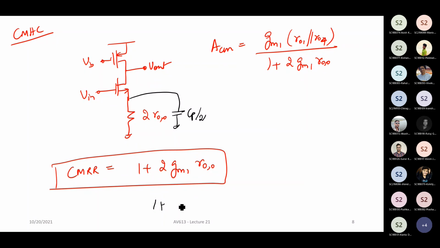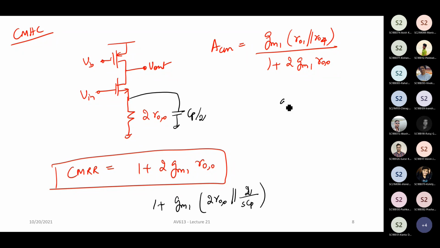It will become 1 plus gm1 times 2 times R0 in parallel with CP by 2. Or rather, this will be 1 by, or rather 2 by sCP. Correct. This will be the actual expression.